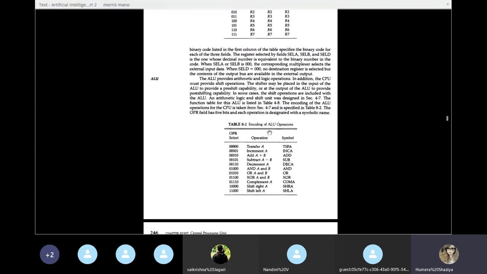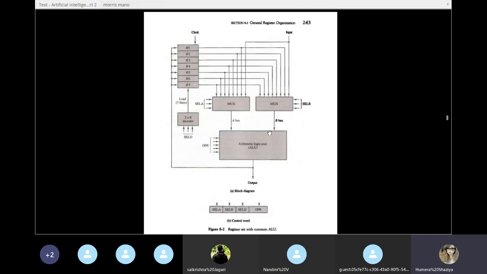Now, can anyone quickly tell me what will be the values for cell A, cell B, cell D and OPR?